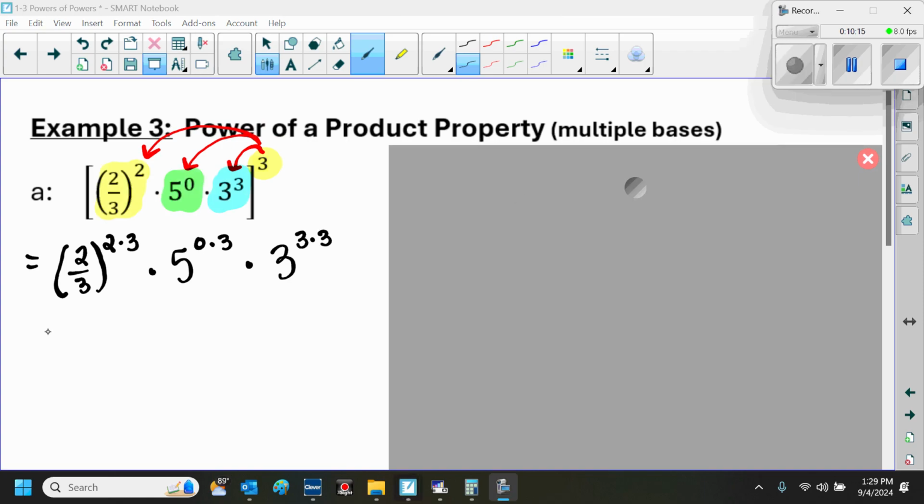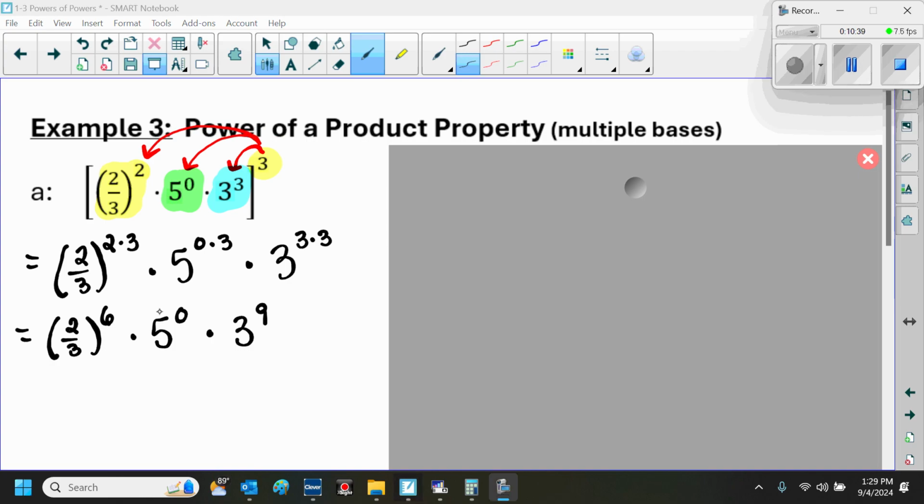So now we've got 2 to the third. 2 times 3 is 6. Times 5 to the 0 times 3. What's 0 times 3? 0. Times 3 to the 3 times 3. That's 9.